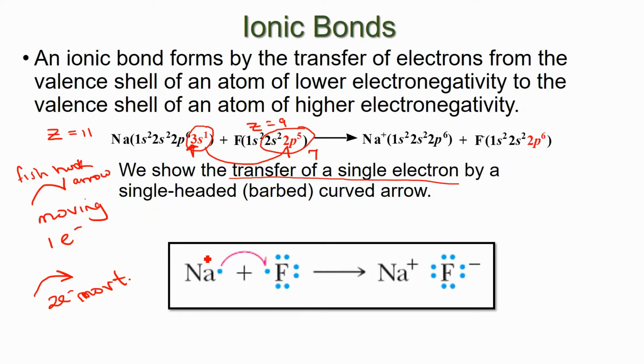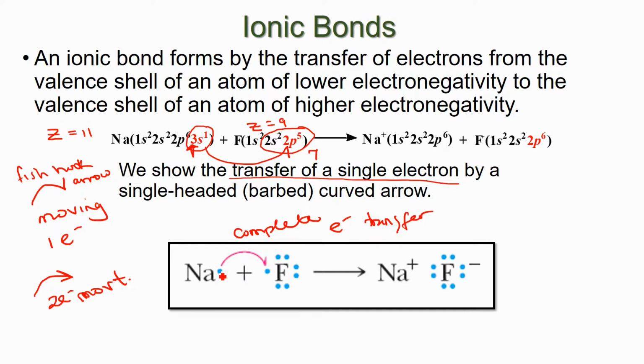Down here, since sodium has one valence electron, we represent it as a dot, and fluorine has 7 valence electrons, so we show those 7 dots, and we pair up the lone electron in the second shell of fluorine with an electron from sodium. You see, there is a complete electron transfer.